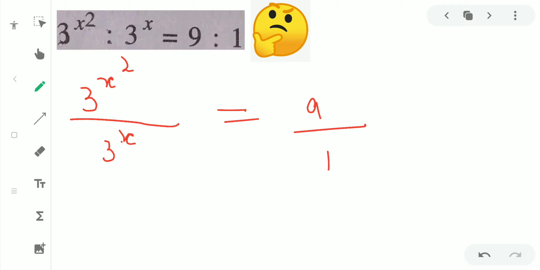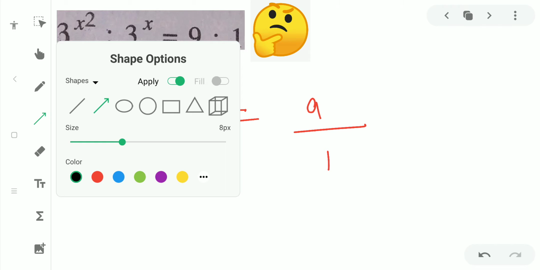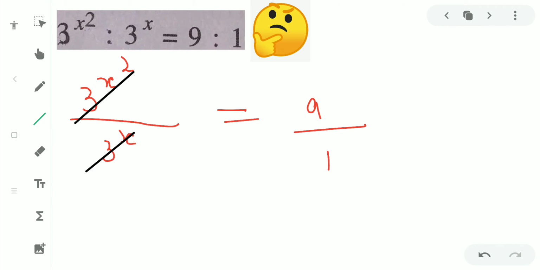Here I cannot cancel 3 power x square and 3 power x like that, because I would be crossing the law. So I should do cross multiplication here.